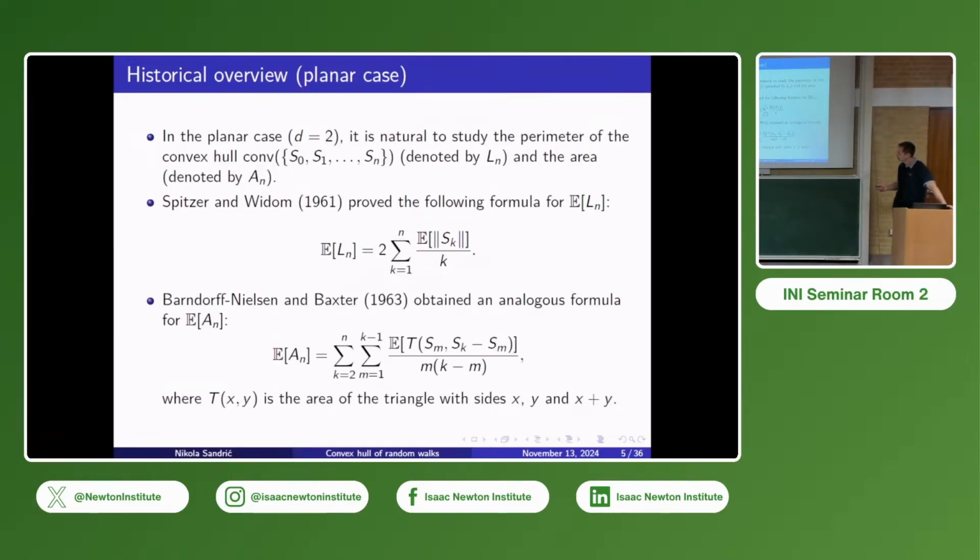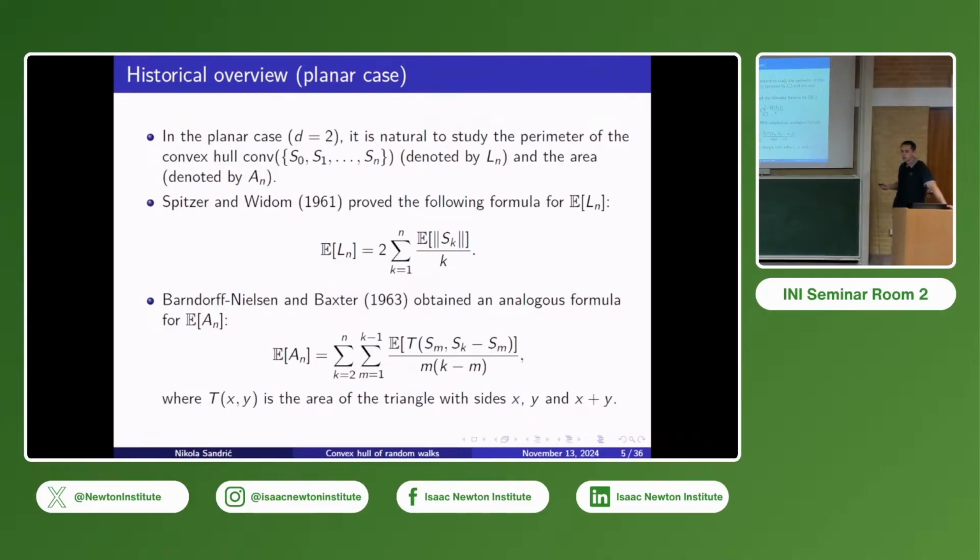The functional T of two vectors x and y, which are two-dimensional vectors, is nothing else than the area of the triangle with sides x, y, and x plus y. So the expected area is given with this formula here.